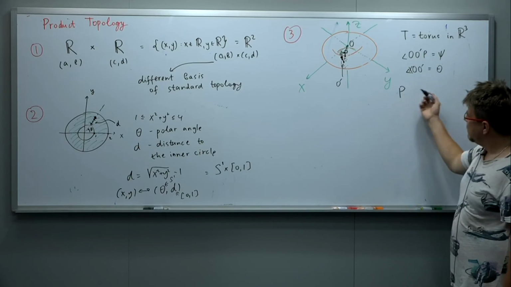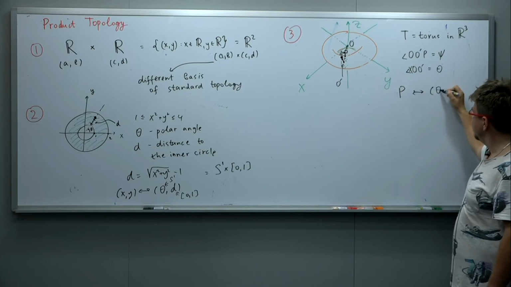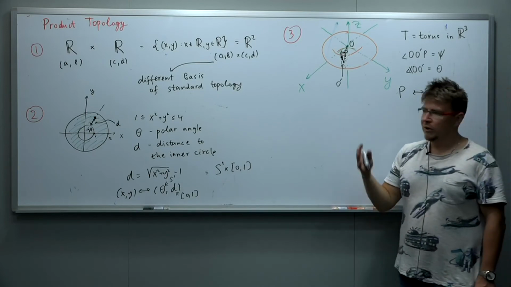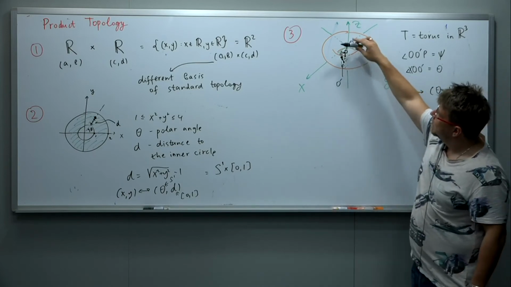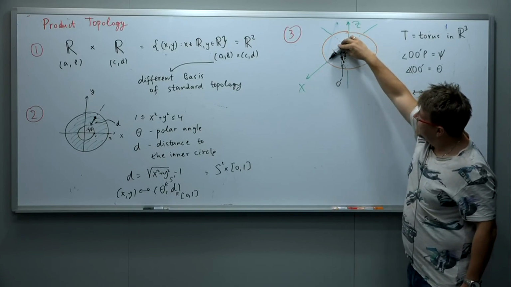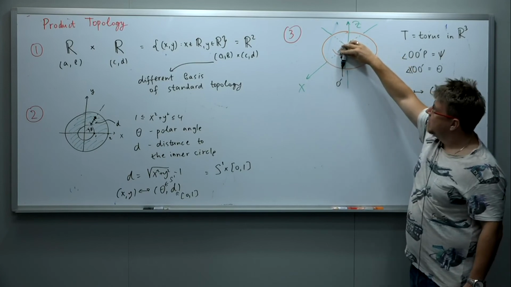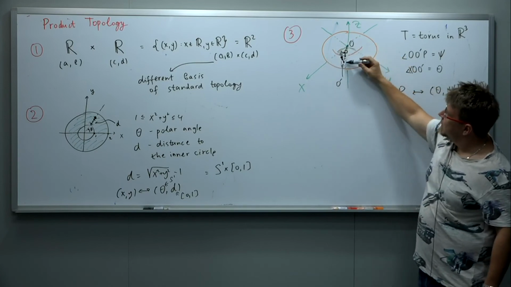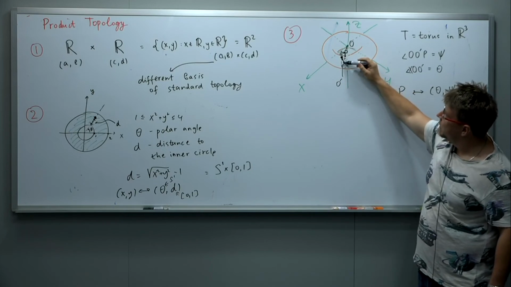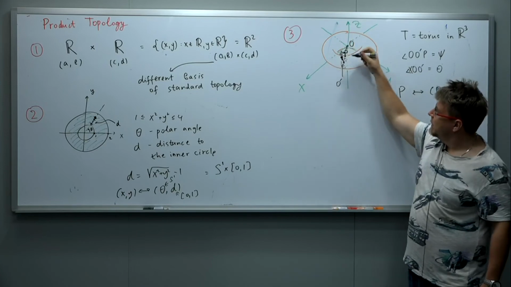So then a point on the torus is in one-to-one correspondence with the pair theta and psi. Right? If I have two angles, then I can first take the point in the plane xy corresponding to the first polar angle. Then I'm going to take the plane that goes through this point, denoted O prime here, and the z-axis, and intersect my torus with that plane.